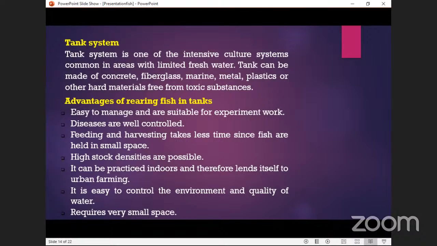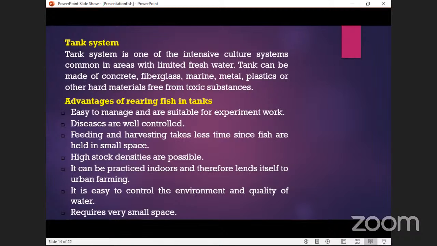It's one of the intensive culture systems common in areas with limited fresh water. Tanks can be made of concrete, fiberglass, marine metal, plastics, or other hard materials free from toxic substances.